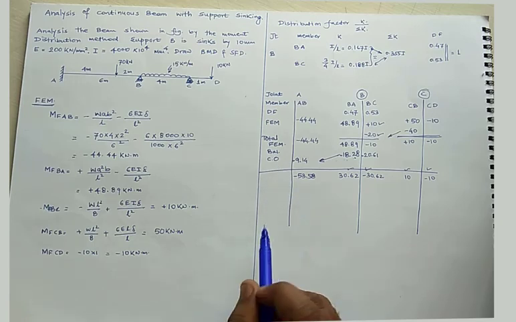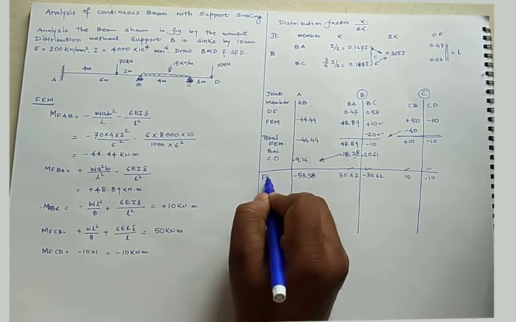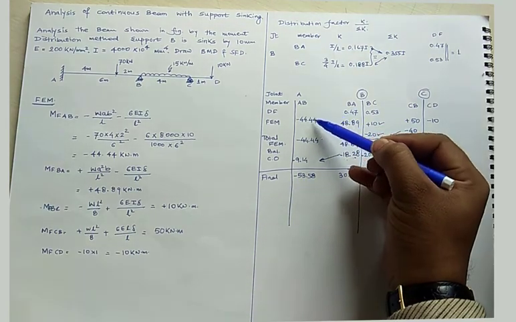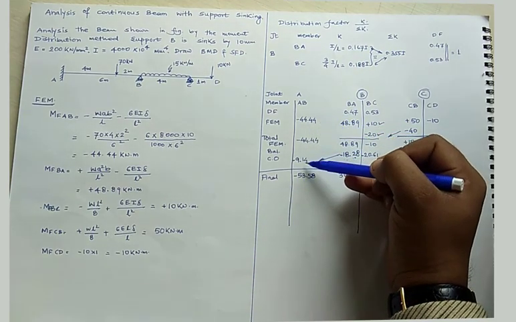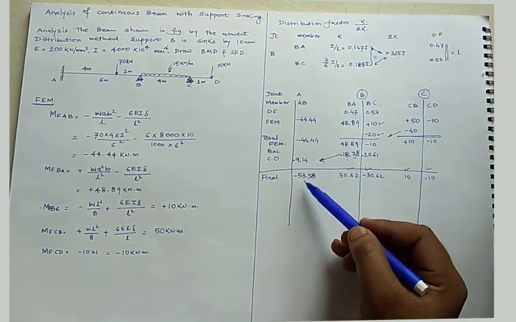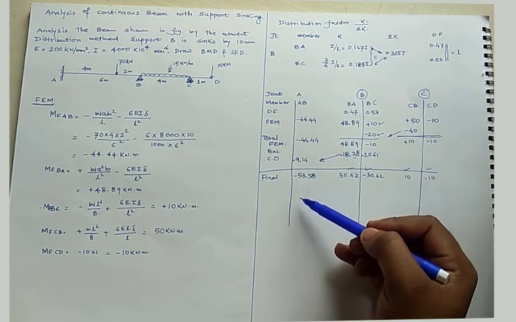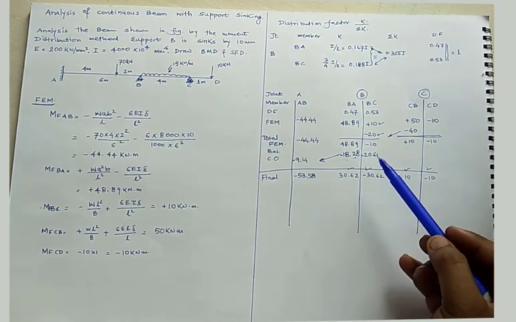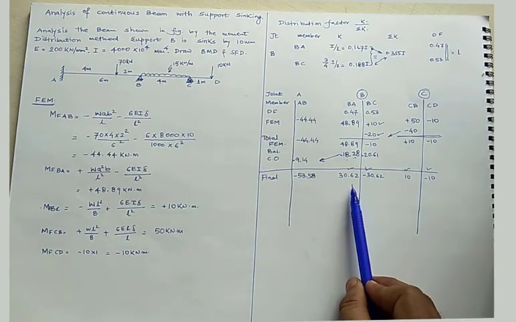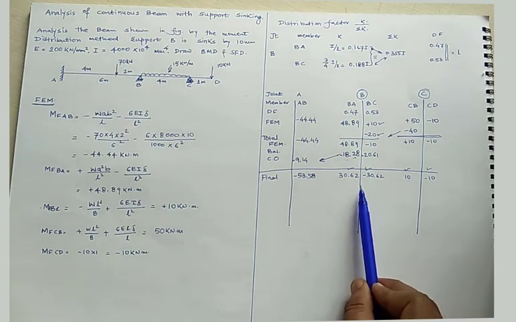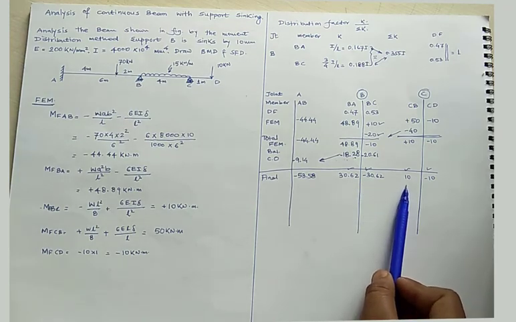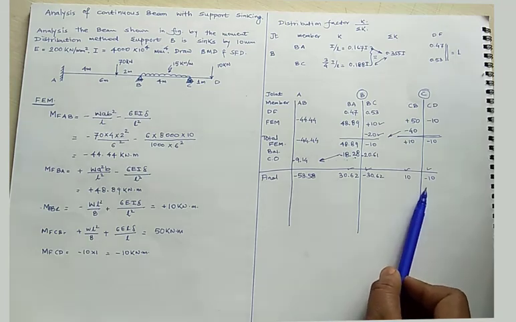Now we have to calculate the final moment. In the final moment it is minus 44.44 minus 9.14, so the final moment of AB we are getting is minus 53.58. Similarly, if you sum all the values, the final moment we are getting for BA is 30.62, minus 30.62 for BC, plus 10 for CB, minus 10 for CD.